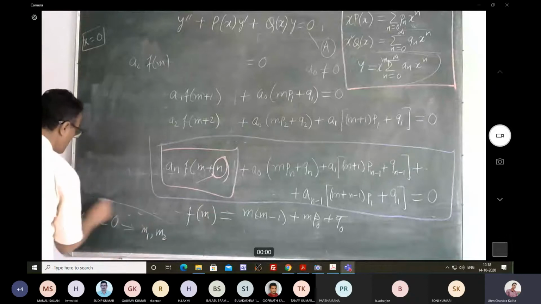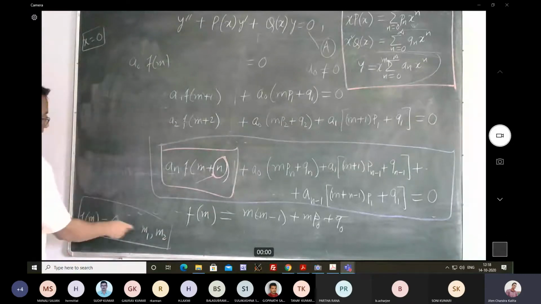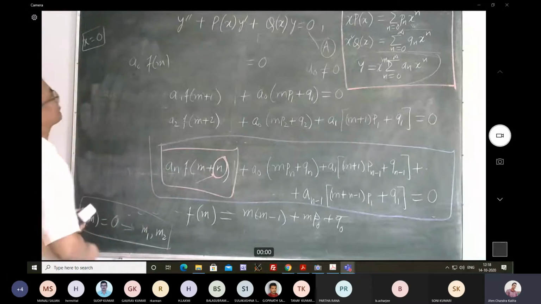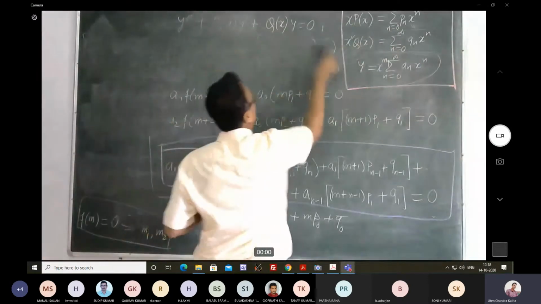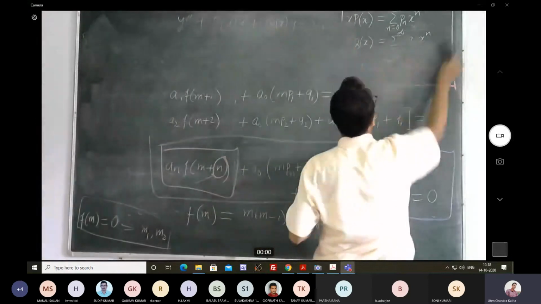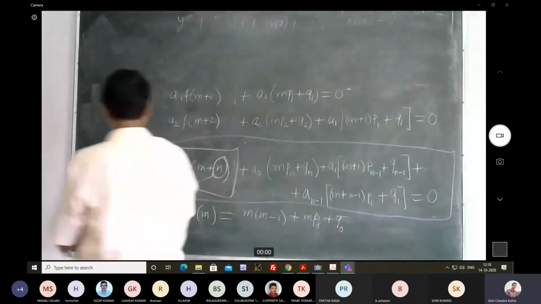So now, what is going to happen? If you look at this, f of m equal to 0, it has roots m1 and m2. So what is the meaning of that?